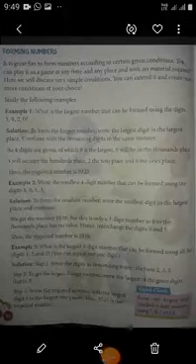Second example: write the smallest four-digit number that can be formed using the digits 8, 0, 1 and 3. Solution: to form the smallest number, write the smallest digit in the largest place and continue.